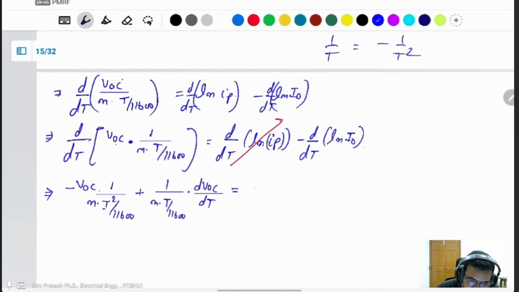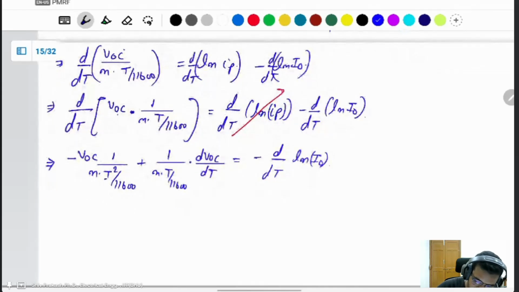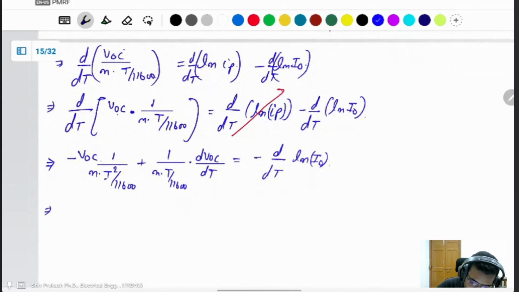Then this will be minus of d by dt of ln of I naught. This will be n T by 11,600, which is Vt only.